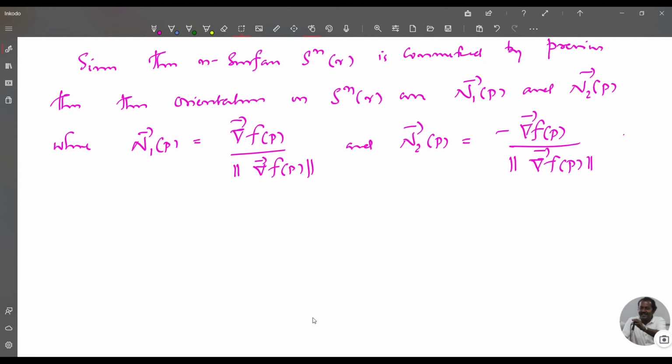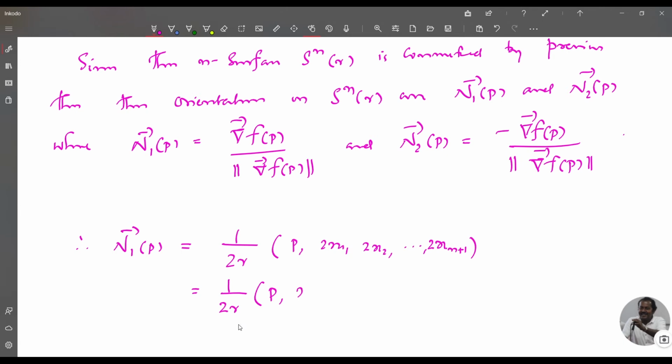Therefore, n1 of p, we know that norm del f of p is 2r. So this is 1 by 2r, p, 2x1, 2x2, etc., 2xn+1. So this is equal to 1 by 2r, p, 2p, so at p it is 2p by 2r. So this is p by r.